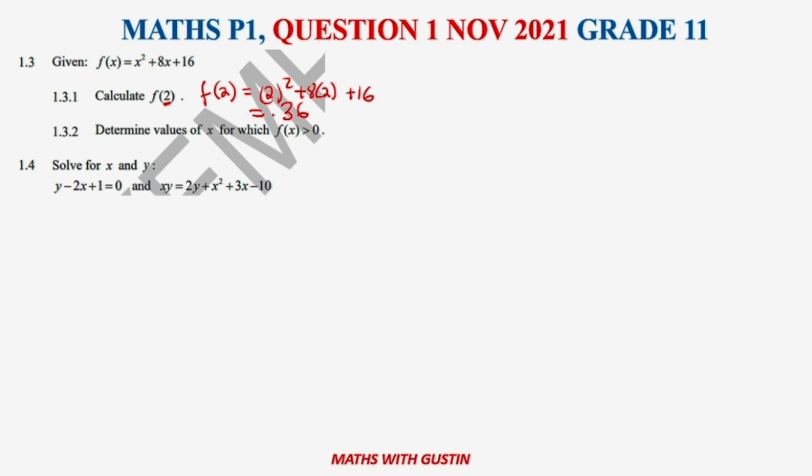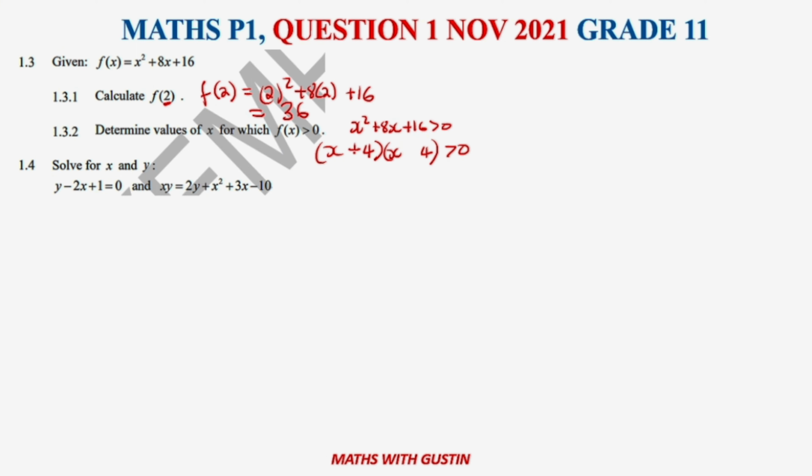And then they ask us for which values of x is f of x greater than 0. Okay, simple, guys, and straightforward. What you can do here is say, this whole equation plus 16 is greater than 0. Therefore you just need to factorize this, and therefore, what are the two numbers that when you multiply them together give 16, and when you add them give you 8? It's 4 and 4.